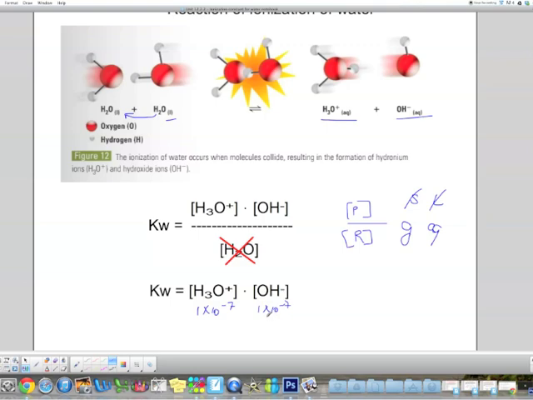And again, something that's neutral, such as pure water, will give me a pOH of 7, which translates into this concentration of OH minus. One times the other gives me 1 times 10 to the negative 14. So that's where that number comes from.